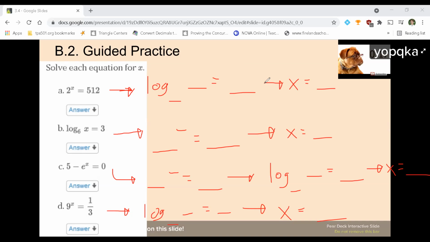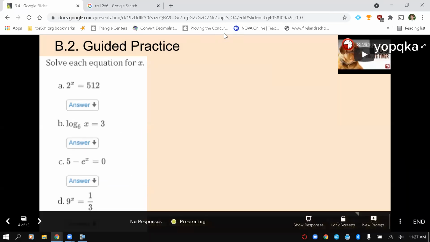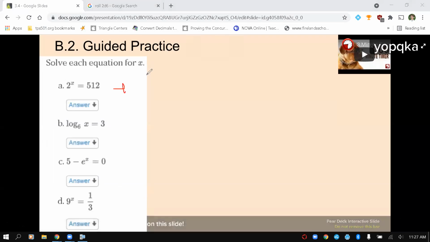You gotta rewrite the equation. Move the e to the x to the other side. And then rewrite this as a logarithm. What do I get? The first one. Yeah, 2x.